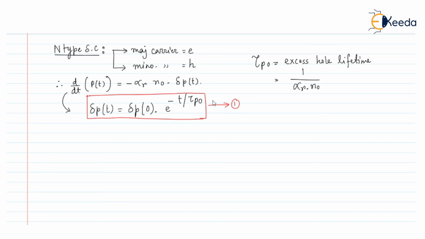light incident. So we can write the generation rate for the minority carriers, that is hole inside the n-type semiconductor, due to the incident of light is del pt divided by tau p0.